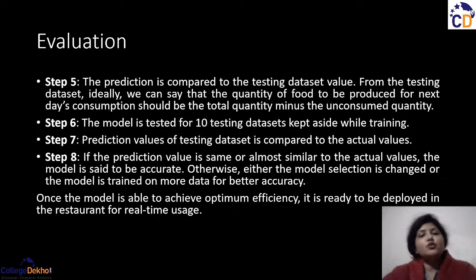So the solution to this problem is either you change the algorithm, like we have used regression in our case, or you can increase the data. Like if we have taken 30 days of data, we might take 60 days in that case, in order to get accurate results.